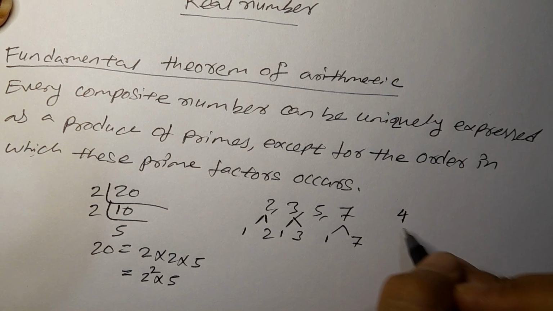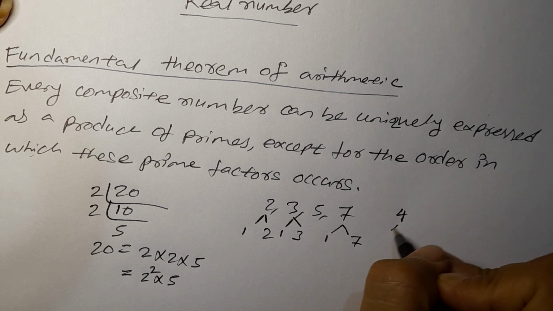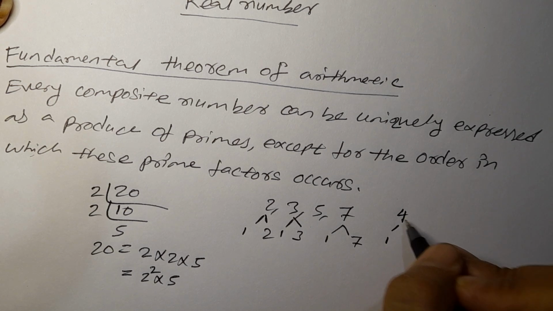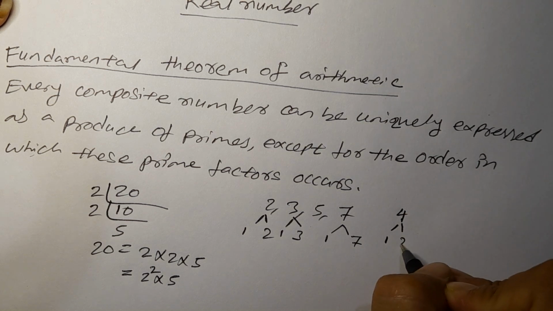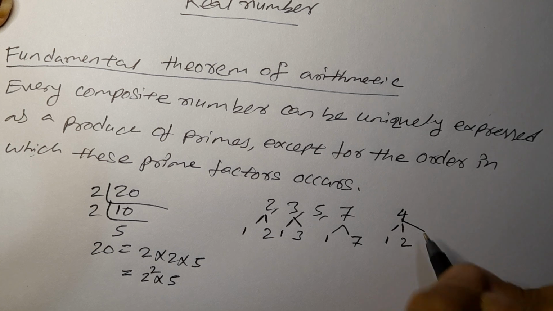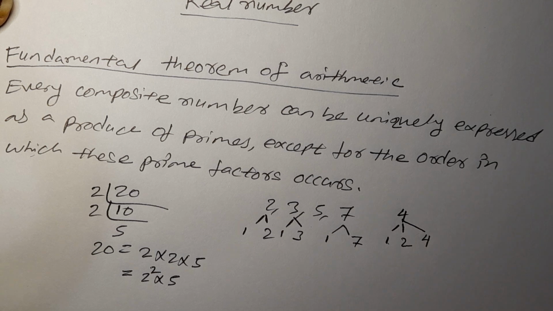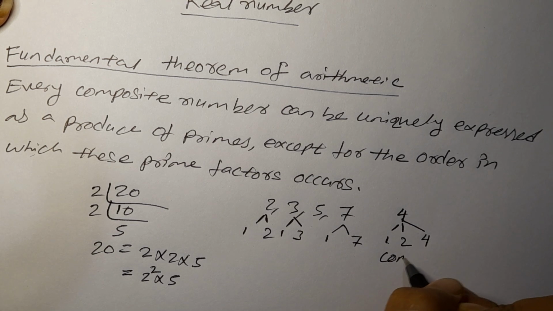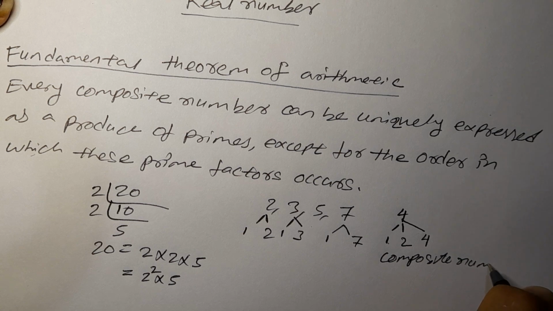It's clearly divisible by 1, because if we divide 4 by 1 we get 4, and it's divisible by 2, and again 4 is divisible by 4. So how many factors? 1, 2, 3. So it is a composite number.